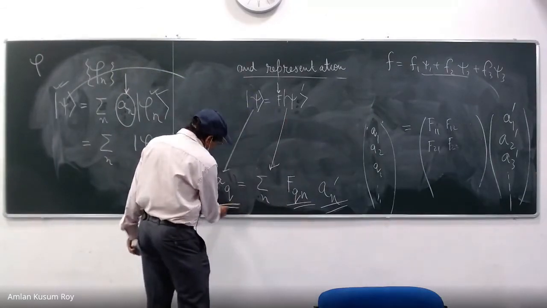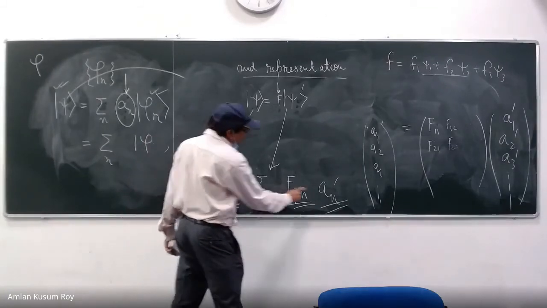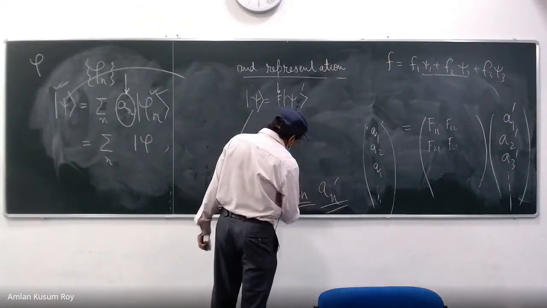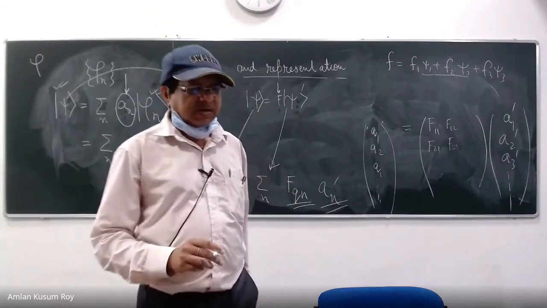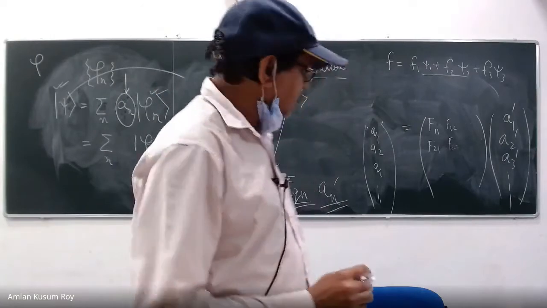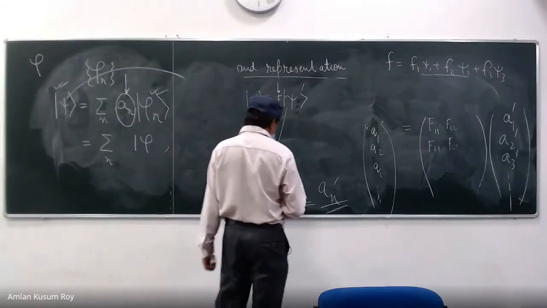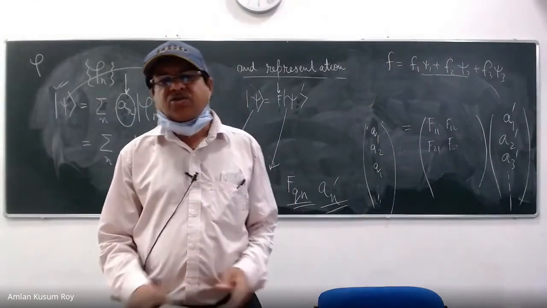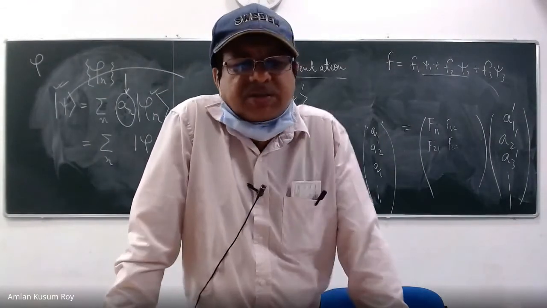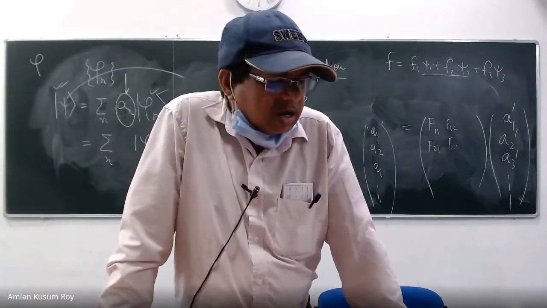So this is a matrix equation. You know the definition of AQ, of N prime, and of FQN. Is that clear? So you can go from Q to N and N to N prime. The matrix representation F is connecting Q to N space of the operator. Is that clear?